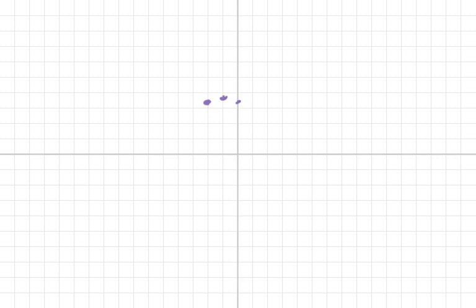Then 0, 4. Then 1, 5. 2, 7. And then after that it goes off the graph. So it's going to go up like this.